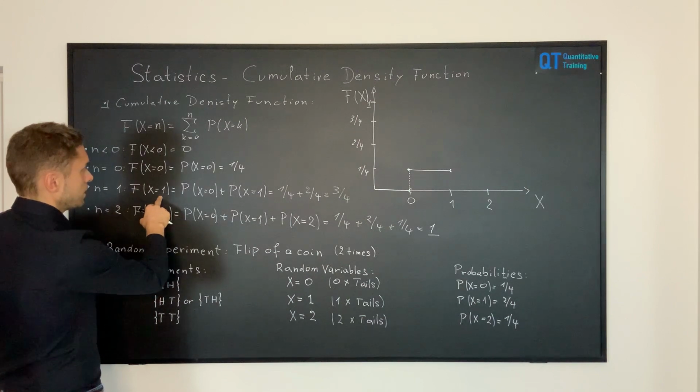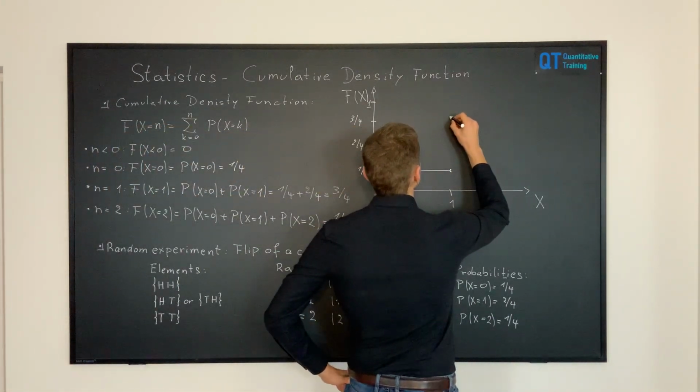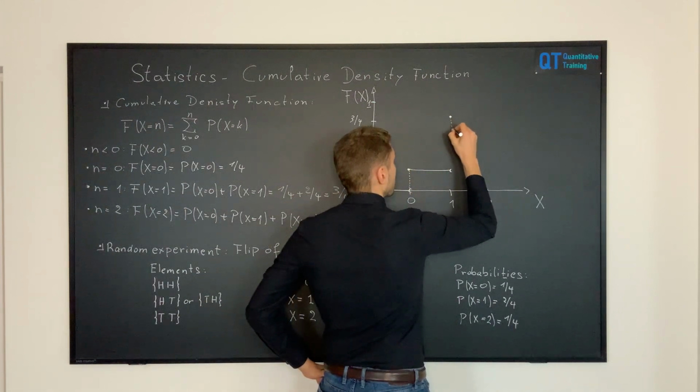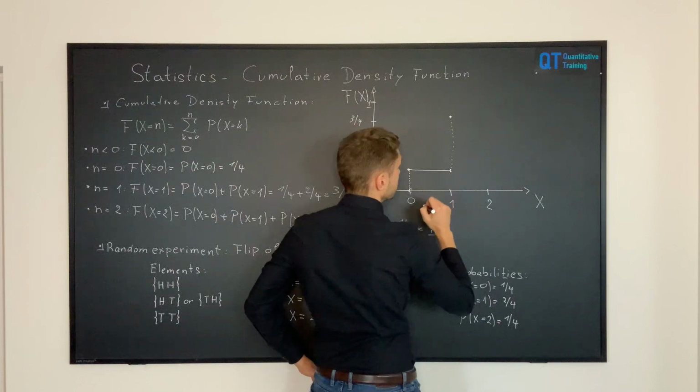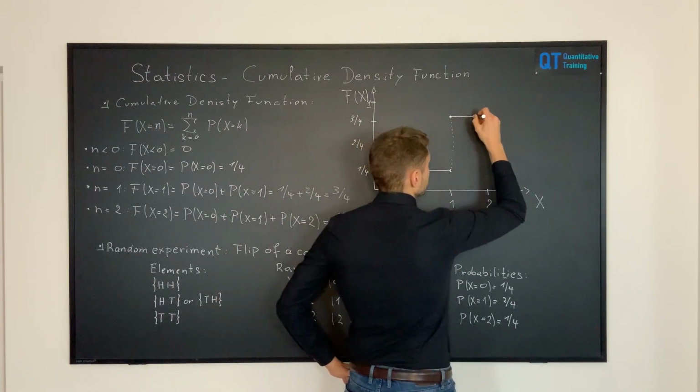We end up at 3/4, so basically here. So this value is included, but this one is excluded. This is the jump I mentioned. And then we have a straight line again, because there is no change.